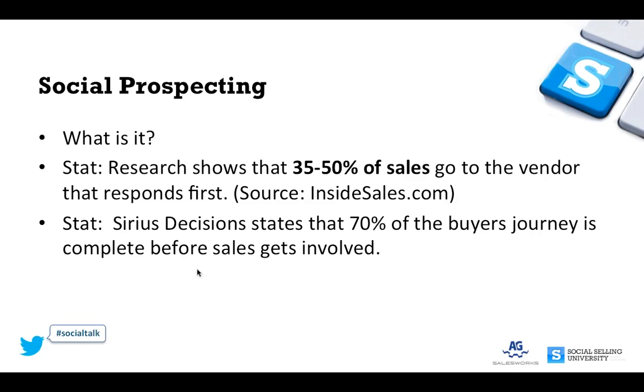So when we talk about social prospecting, the first question is, what is social prospecting? Really, it's utilizing social networks to identify new or likely buyers in your market. You collect and store their social data and then segment or prioritize those people according to the criteria you've already established, whether it be prospects, companies, or competition.